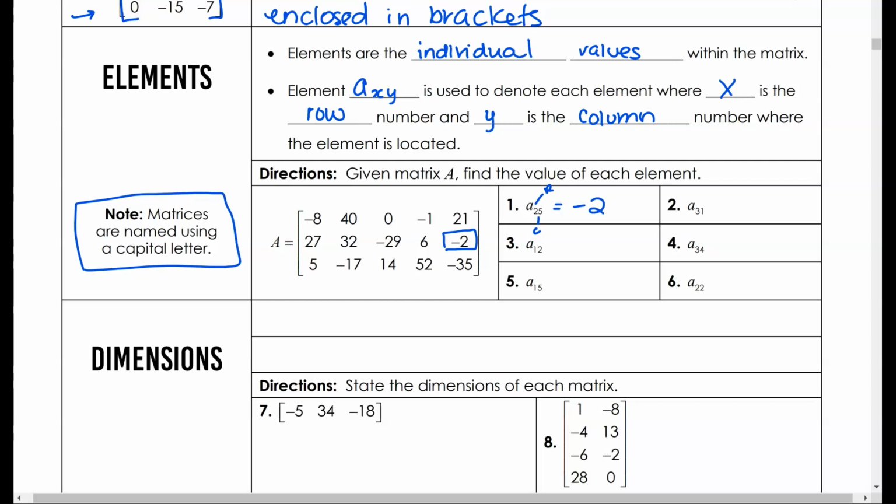Let's try this one. This is 3, 1. So that's going to be row 3, column 1. So that's this number right here. At number 6, 1, 2, it's going to be row 1, column 2. So that's going to be 40.